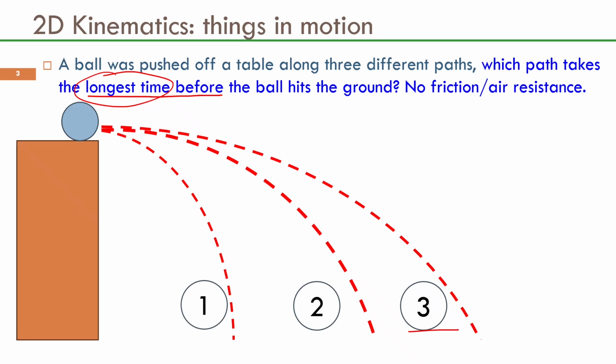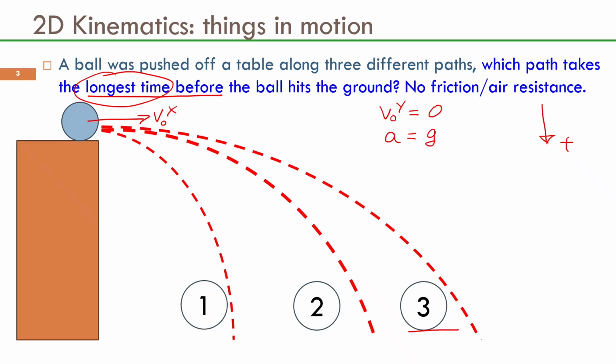So vertically, all 3 different paths have 0 initial vertical velocity, because once the ball is off the table, they only have horizontal velocity. And if we choose downward as our positive direction, all 3 paths have the same acceleration, which is g.